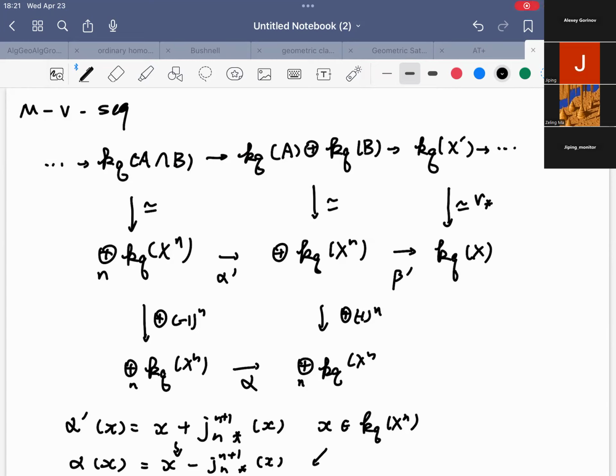So actually, this is the definition when you define the direct limit. And you can show that it actually is a monomorphism.